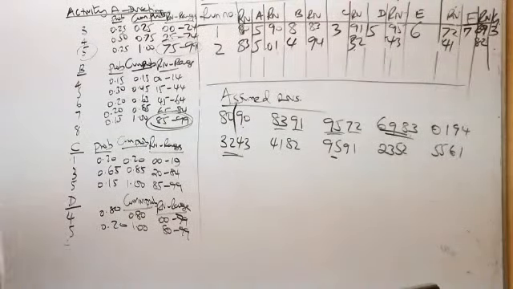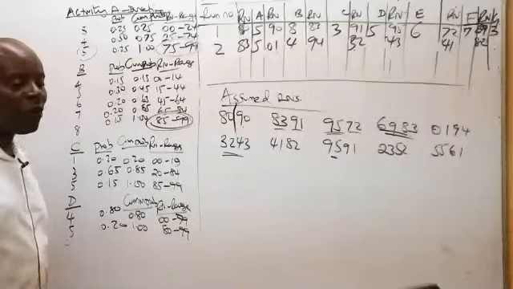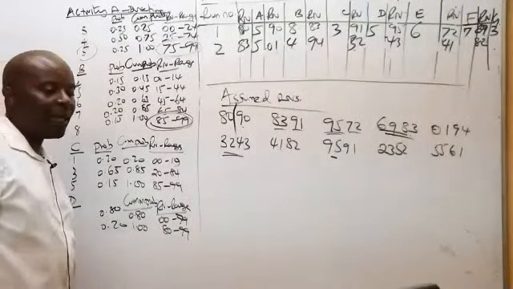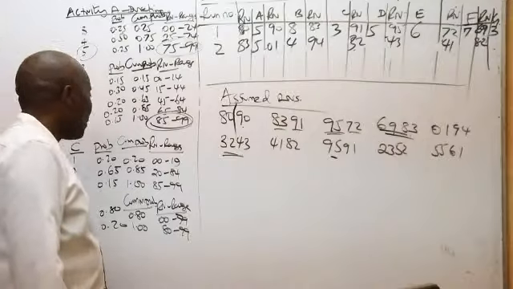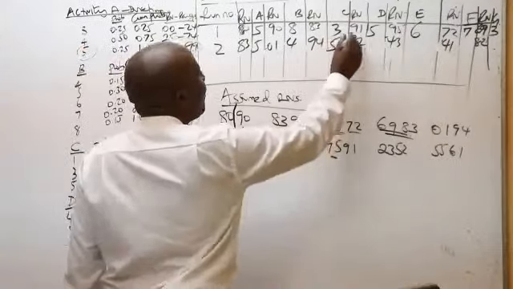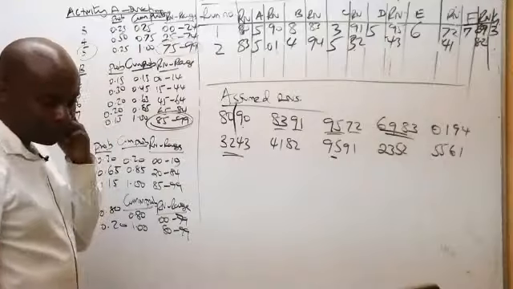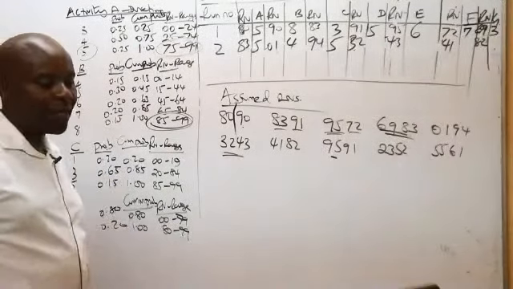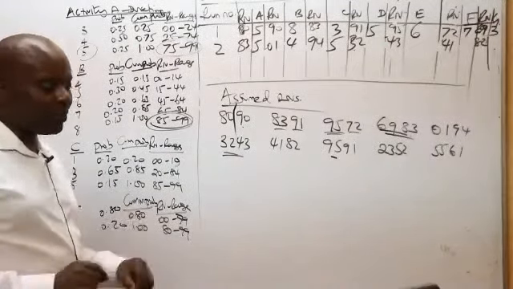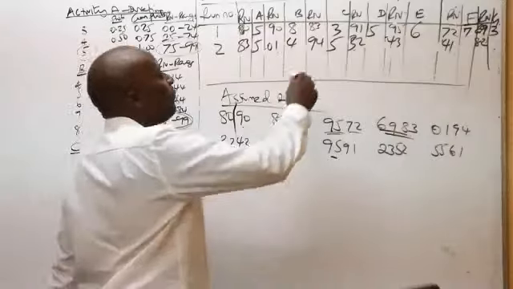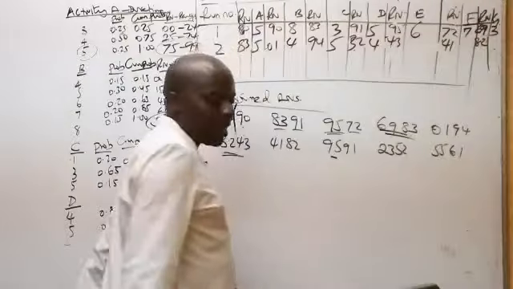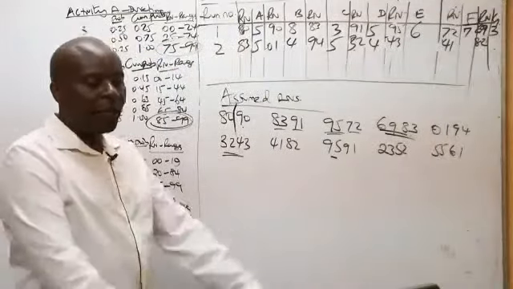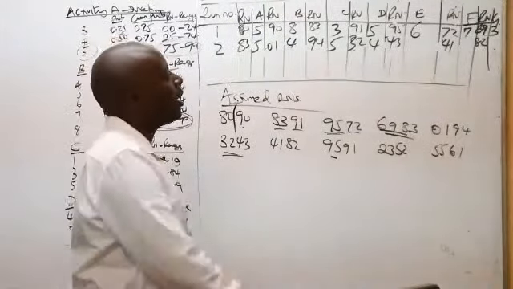How about 94 for C? 94 for C. They say it's 5. Thank you very much. 32 for D. We're trying to estimate. 32 for D they say it's 4. How about 43 for E? 43 for E they say it's 5.